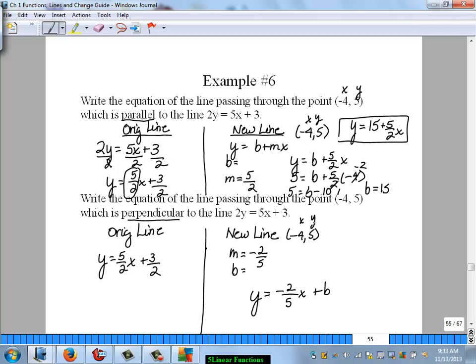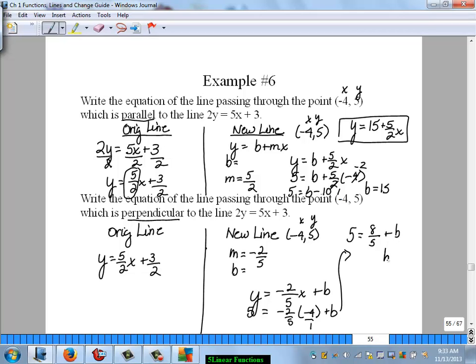Here's my x and y, plug it in. So I have 5 equals negative 2/5 times x, which is negative 4, plus b. I'm running out of room, so I'll go over here. I have 5 equals negative 2/5 times negative 4, which is 8/5, plus b.